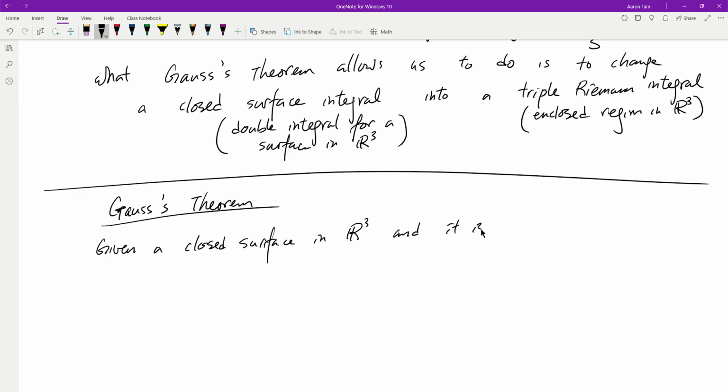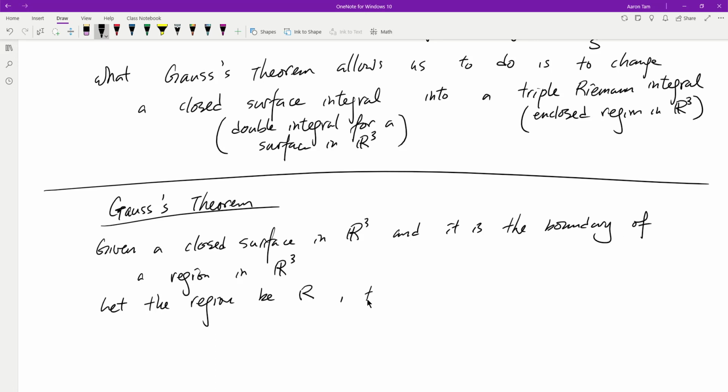And it is the boundary of a region, maybe I would say a region in R3. Let the region be R, then the closed surface will be the partial derivative of R.